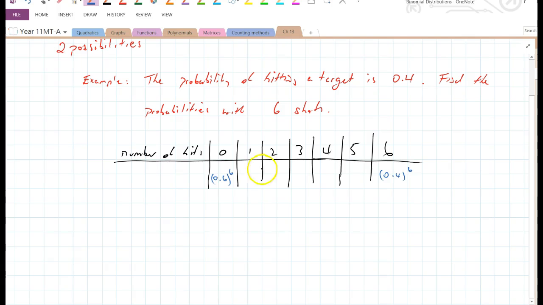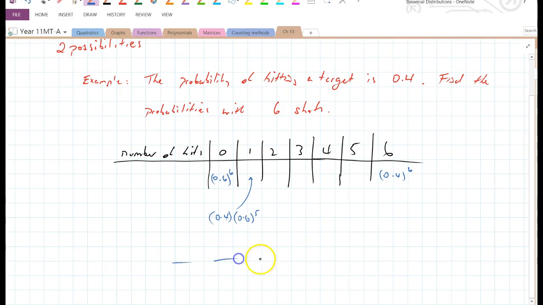So what about the probability of 1 hit? If I hit once, I'm missing 5 times. I'm going to need more space than this. I'm hitting once, and I'm missing 5 times. So that's 0.4 by 0.6 to the power of 5.